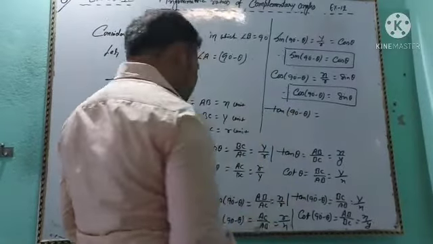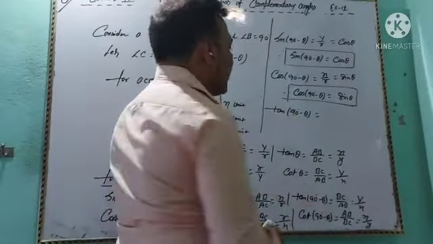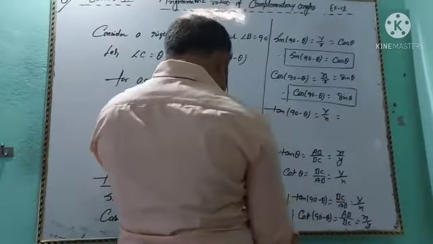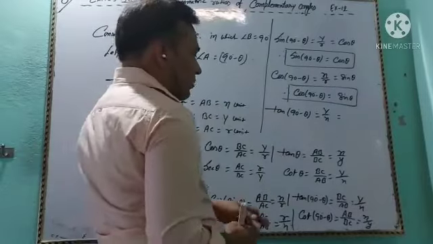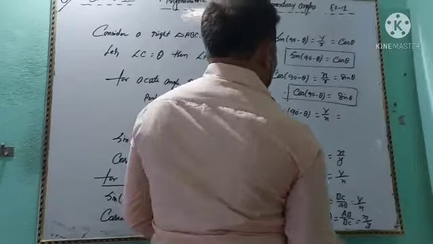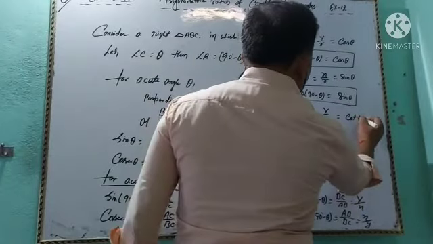Tan(90° − θ) is equal to y by x, and y by x is equal to cot θ. Okay, so this is cot θ.